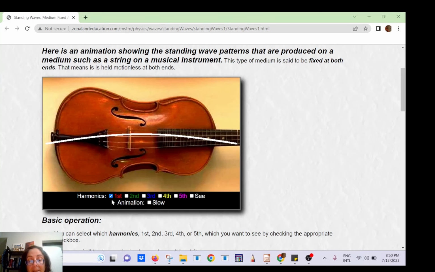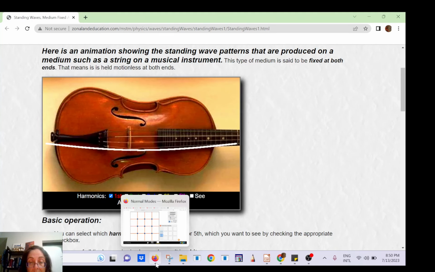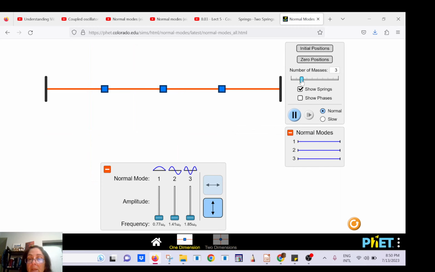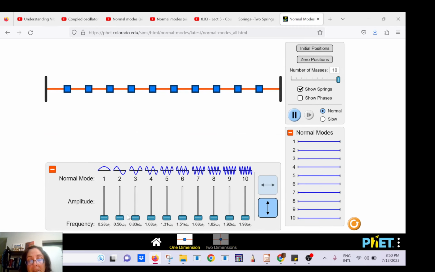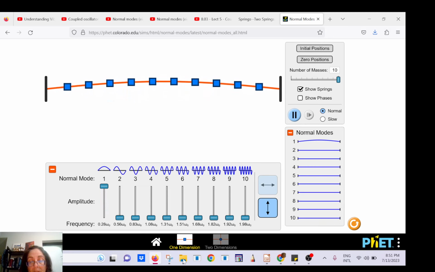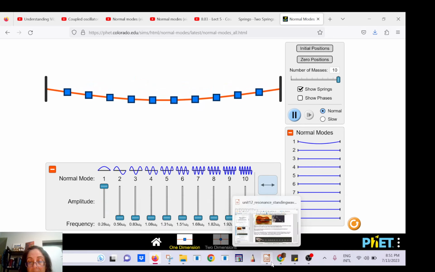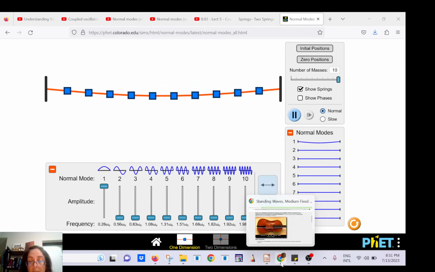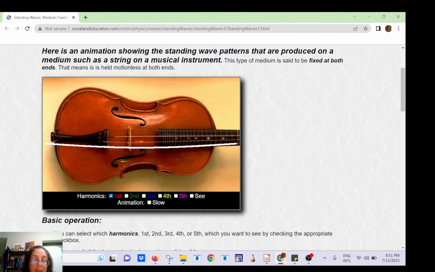But it's the same idea. You remember what we were looking at in one dimension, when you have many of them, this one will be like the first harmonic that you have. So you get the same thing with the string here. Okay?